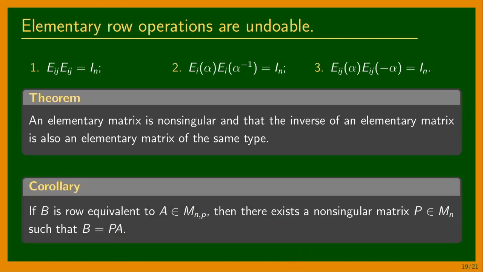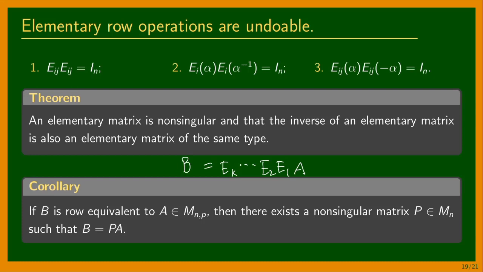As a corollary to the previous theorem, the one in the last slide, if B is row equivalent to A, meaning B is obtained from A by performing a sequence of elementary row operations, then you have multiplied elementary matrices on the left of A, successively obtaining a matrix B. That's what we really mean by that.